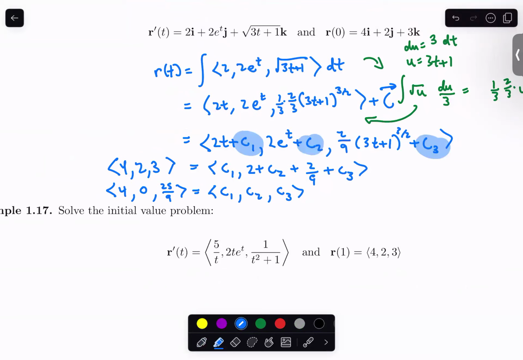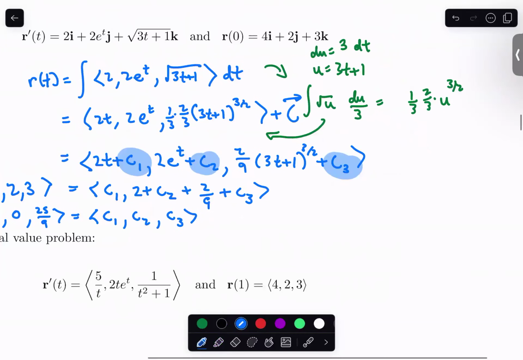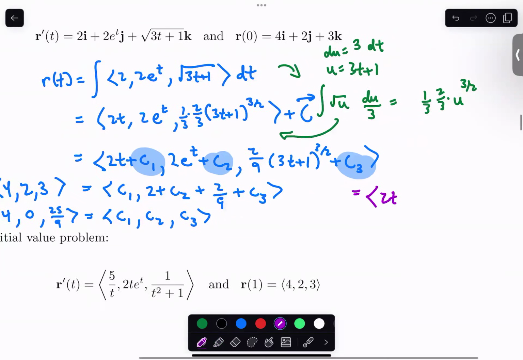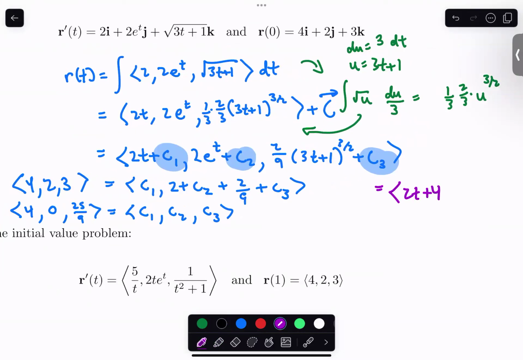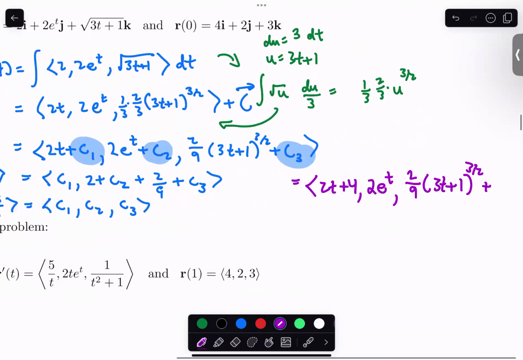I'll finish that up really quick here, but I see that we're out of time, so I apologize for rushing a little bit. So 2t plus 4, 2e to the t plus 0, and then 2/9 times 3t plus 1 raised to the 3/2 plus my C3, which was 25/9.